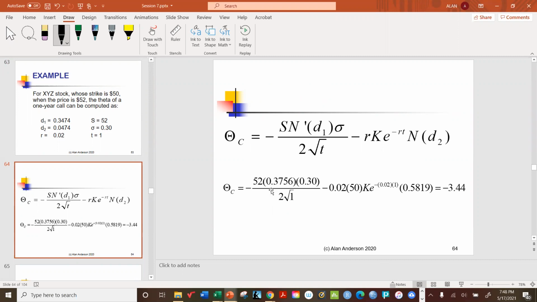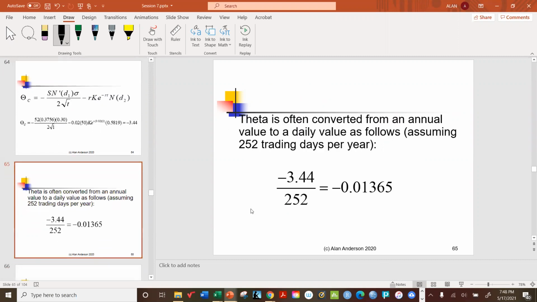Good question. Now, that's an annual number. In order to convert it to a daily number, we're going to divide by 252, not 365, because we're assuming that there are 252 trading days or business days in a year.